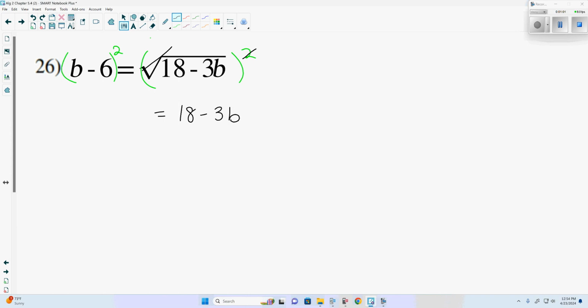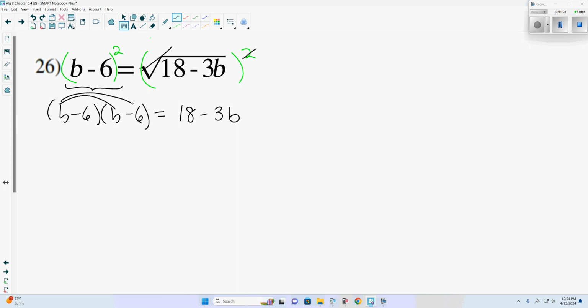It is, but it isn't. Because when we square b minus 6, we're really saying that we have b minus 6 times b minus 6. It's multiplied by itself. If it had just been 6b, we could have squared both terms and been fine. But because of the minus sign in the middle, we're going to have to distribute.